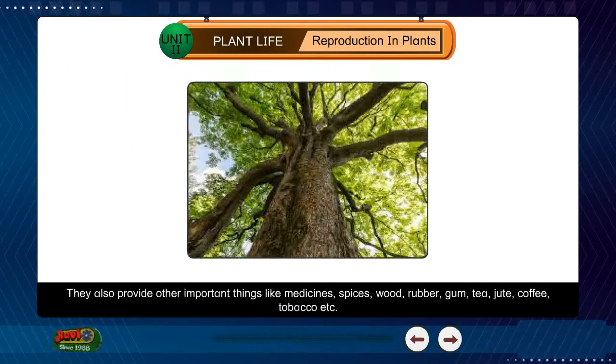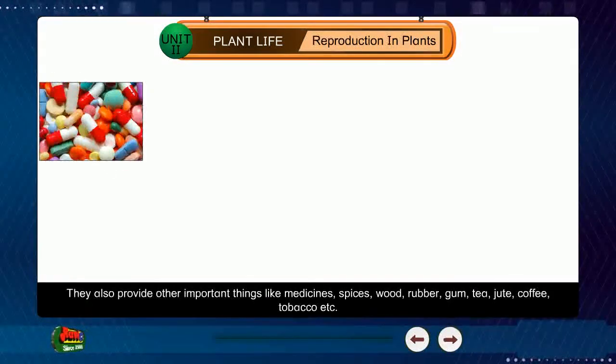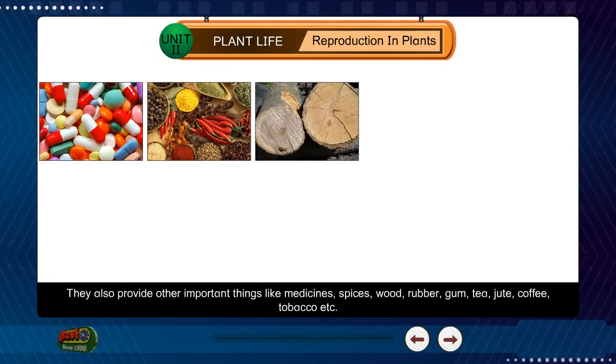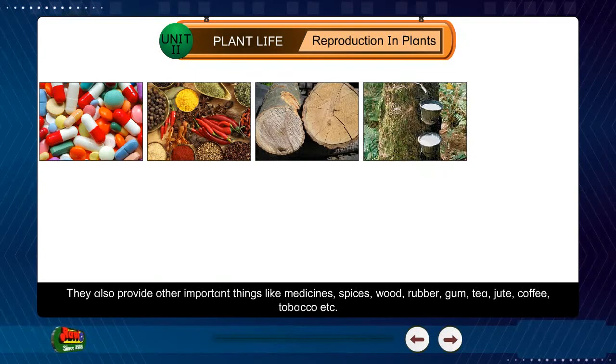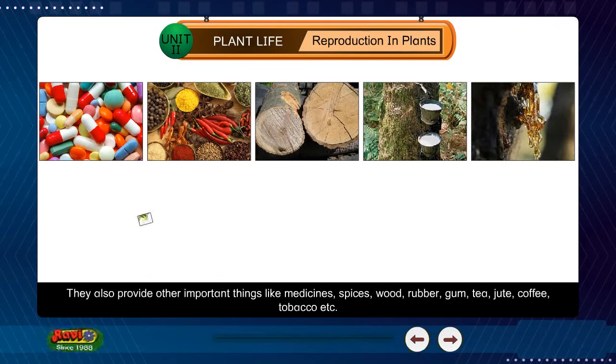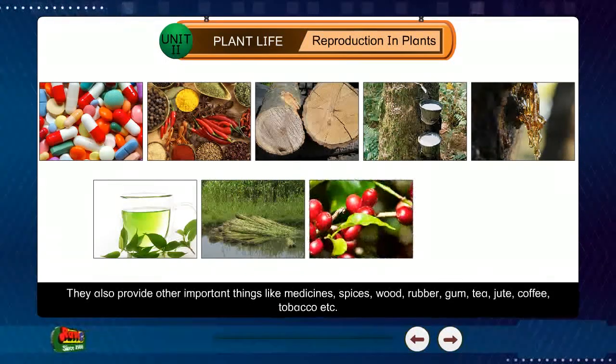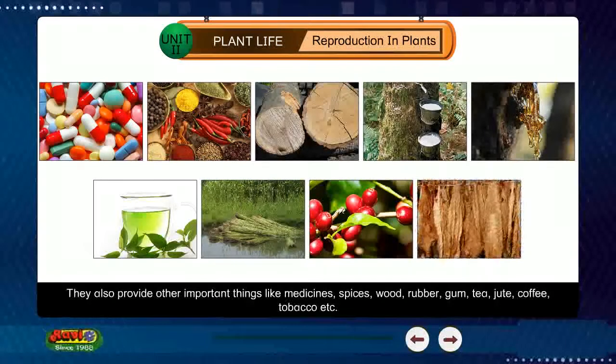They also provide other important things like medicines, spices, wood, rubber, gum, tea, jute, coffee, tobacco, etc.